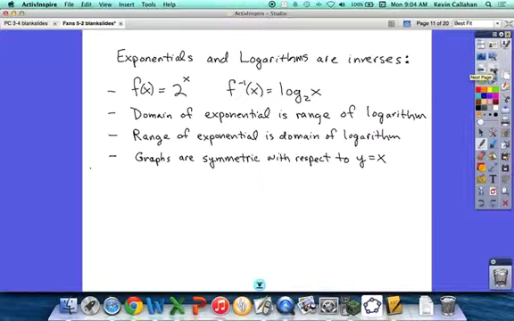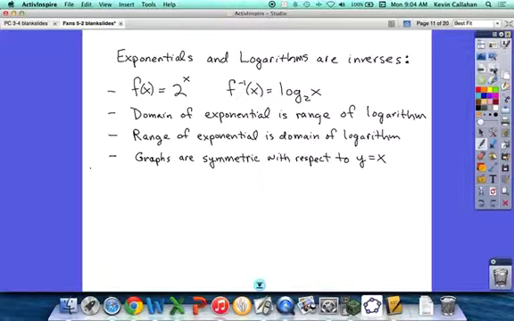So if I start with f of x equals 2 to the x, the exponential with a base of 2, then the inverse would be log base 2 of x. So now all the things that we already know about inverses are true about these two functions.